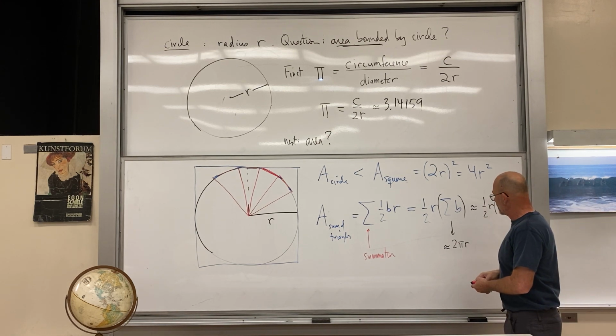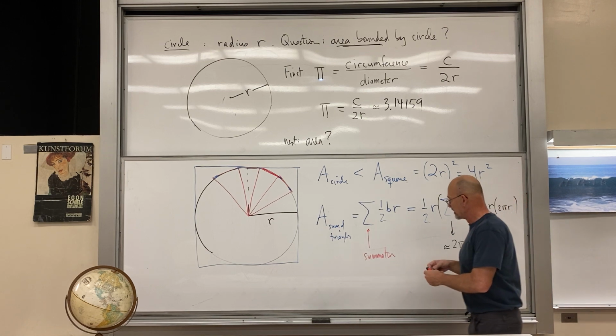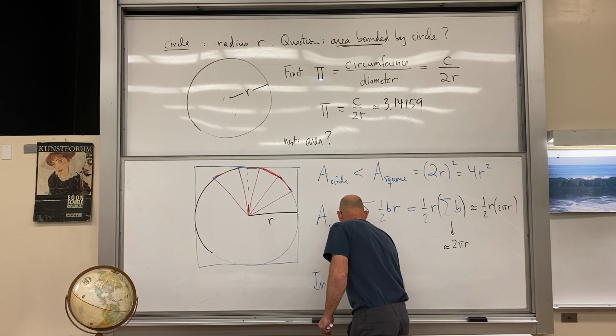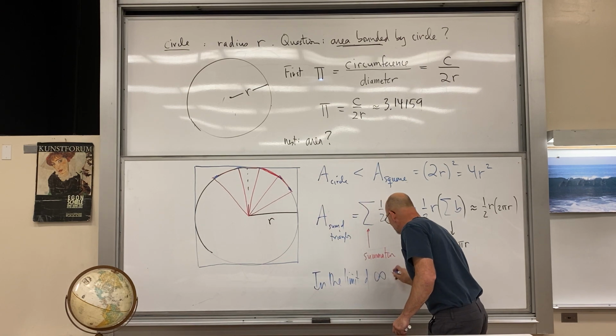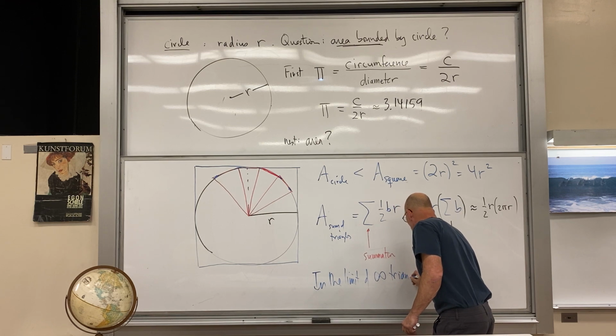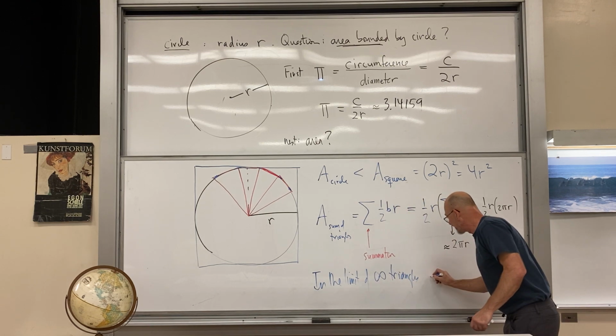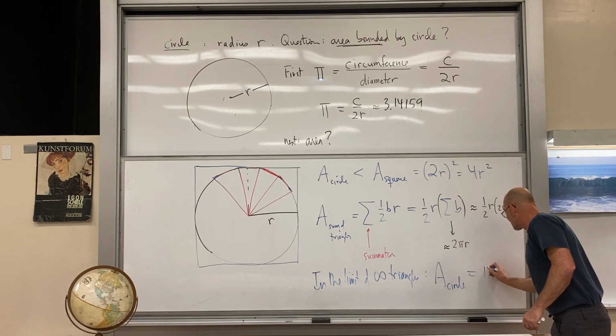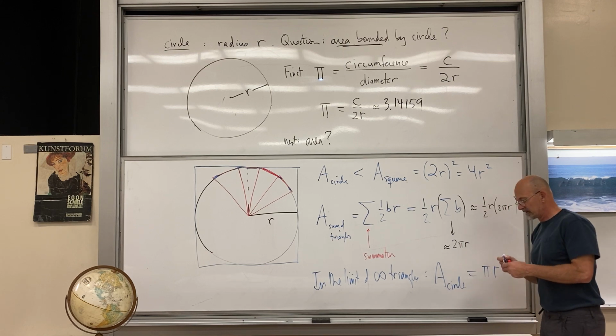So in the limit of infinity triangles, we get area bounded by the circle is equal to pi radius squared.